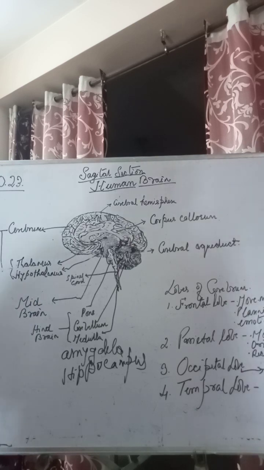And your hippocampus is also a part of the limbic system, and its major role is helping in or controlling learning and memory. In the controlling of memory and learning, the hippocampus has a very important role. So these are there in the limbic system, which is in the inner side of the cerebrum, right?